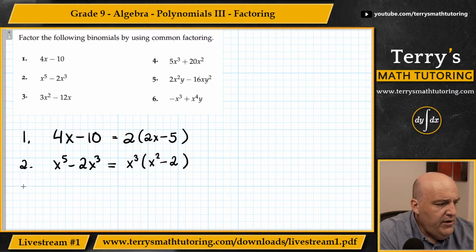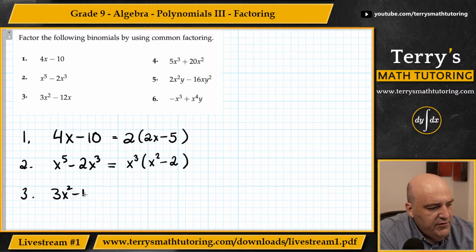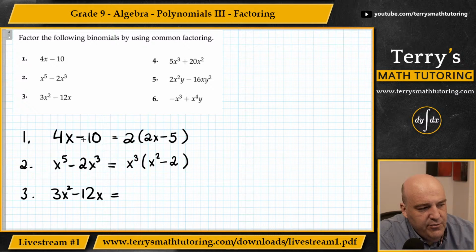All right, number 3, 3x squared minus 12x. So here, notice on this one, we could only pull out a number. And on this one, we could only pull out a letter, a variable. But in this one, we can pull out a number and a variable. So if we think of them separately, like 3 and 12, what's the largest common divisor of 3 and 12?